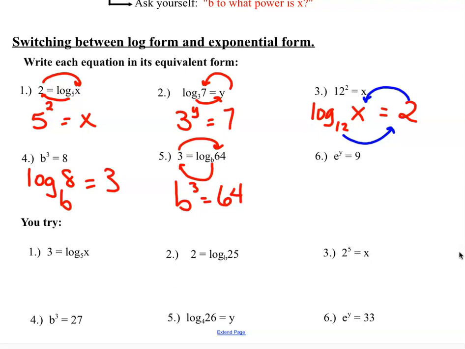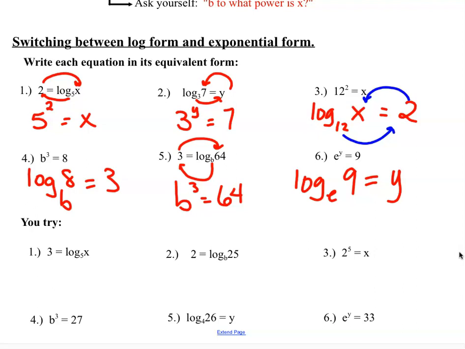Okay, so we have e to the y power equals 9. That would be log base e of what? Log base e of 9 has to equal y. And there's another way to write log base e that we're going to be talking about for today. We'll just leave it like that.